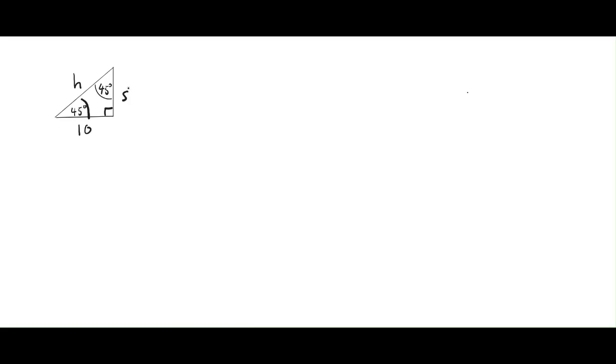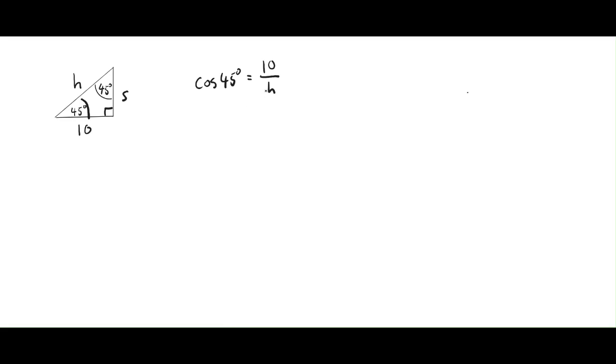So, we don't want to look at s over h because we don't know s or h. But if I do cosine of this angle, cosine 45 degrees, that's going to equal the adjacent side over the hypotenuse h. And that hypotenuse h is something we need to find out. And I already know that side length, so that's why this one will work.